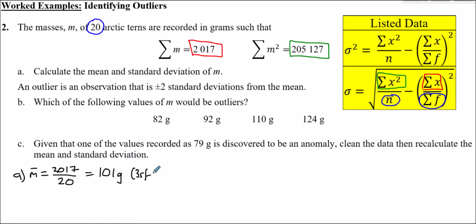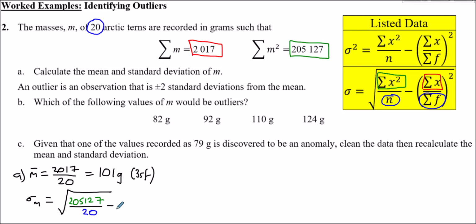Now to calculate the standard deviation of m, I'm not going to use this rounded figure of the mean. I'm going to input the values exactly to avoid any rounding error. So what we're going to type in is the sum of m squared, which is 205,127. So it's that divided by the total number of values, which is 20.